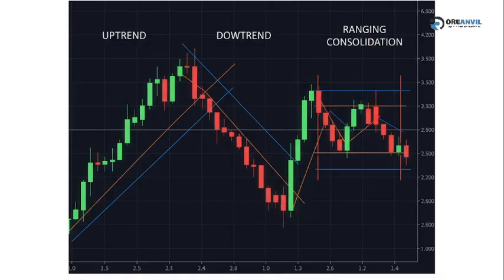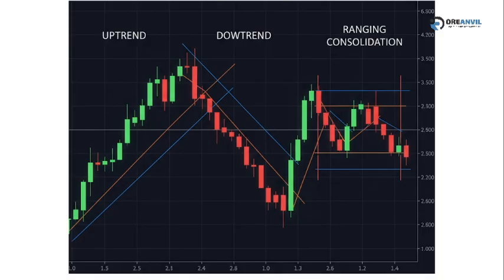Then the last thing the market does, which is the third thing, is ranging or consolidation. Here, the price isn't really going up or strongly going down. You can say the market is moving sideways.